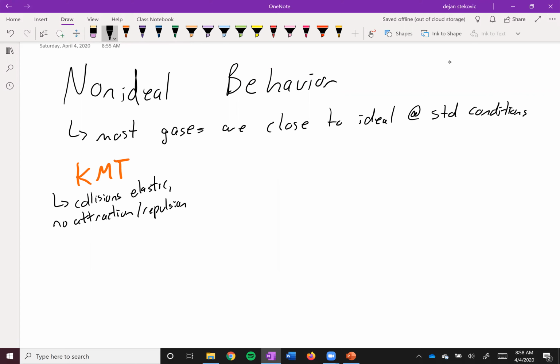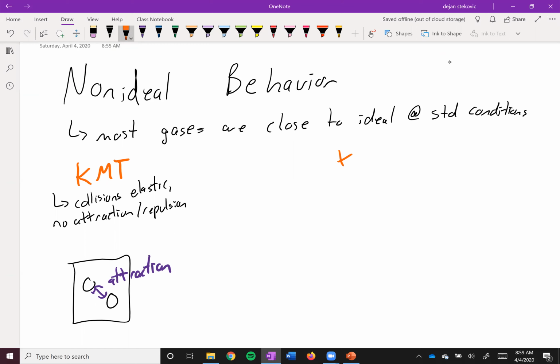That's what we said in our theory. In real life, that's not always true. There can actually be an attraction or a repulsion here. And if this attraction or repulsion is strong, then the gas will behave less ideally. Later on, we'll learn what makes this attraction weak and strong when we learn about intermolecular forces.